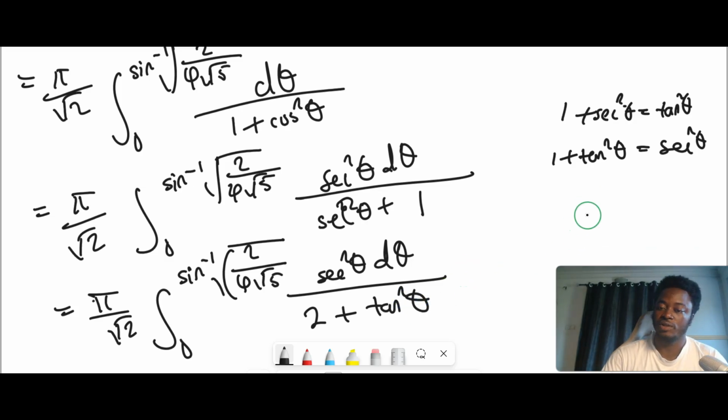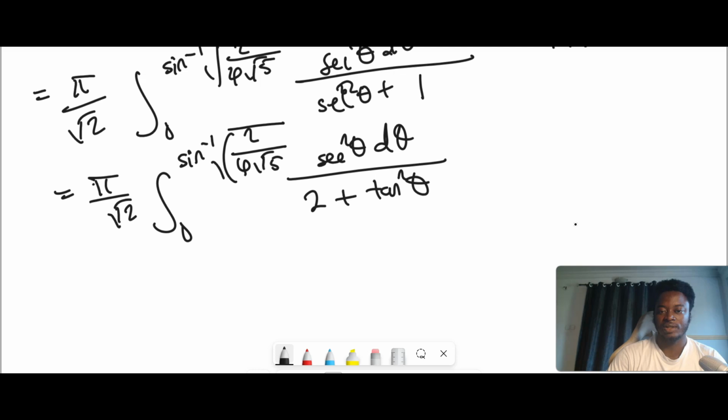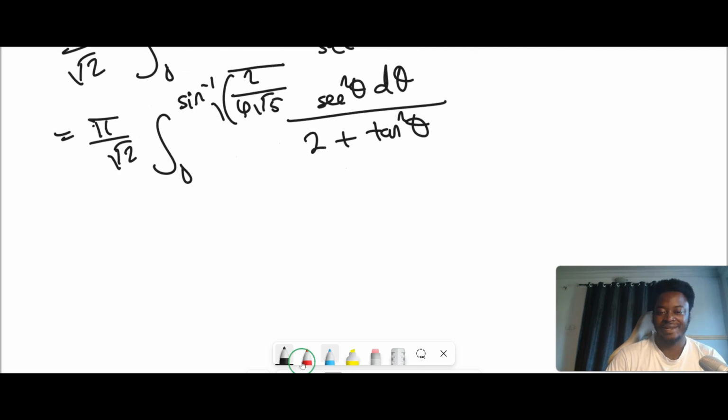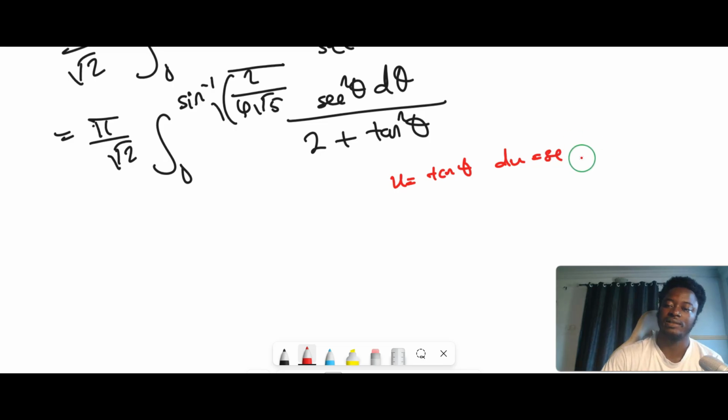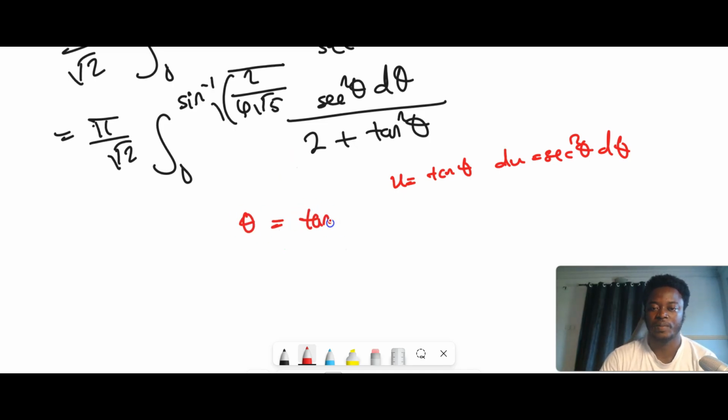Now if you take u to be tan theta, this is where we're going to do another substitution. So here we're going to take u to be tan theta. Of course, du would be secant squared theta d theta. But the problem now is the argument. Well, theta would basically be tan inverse of u.